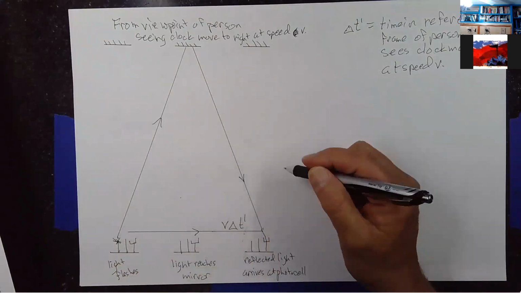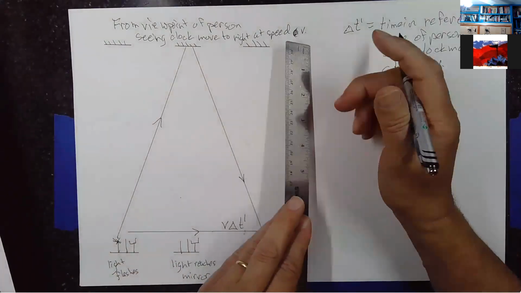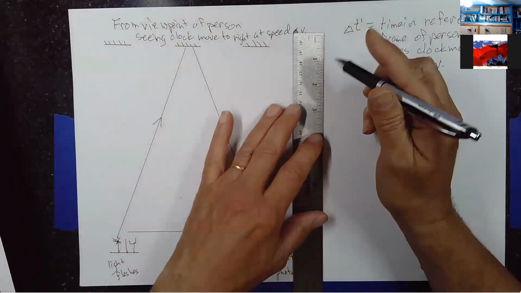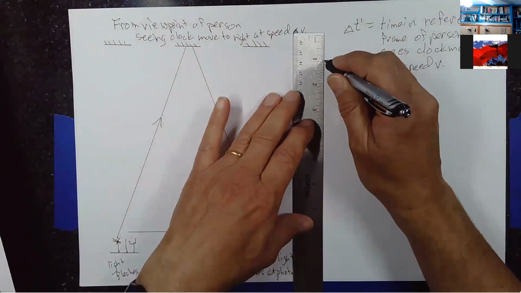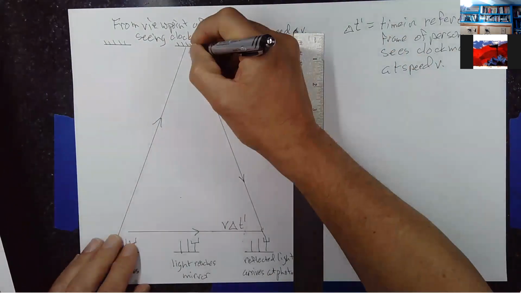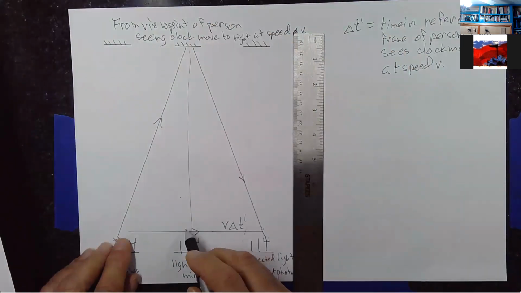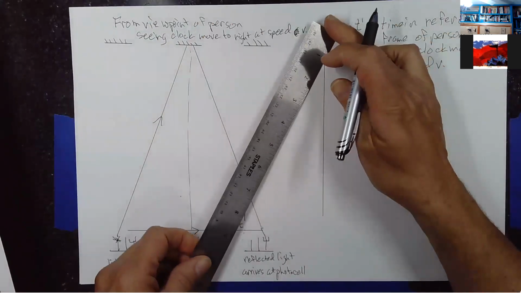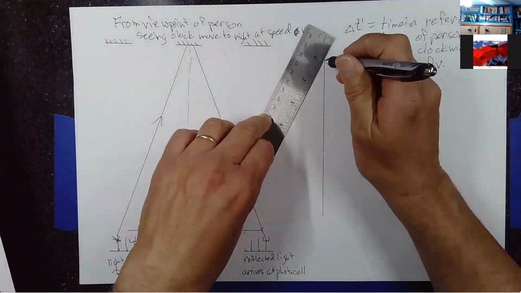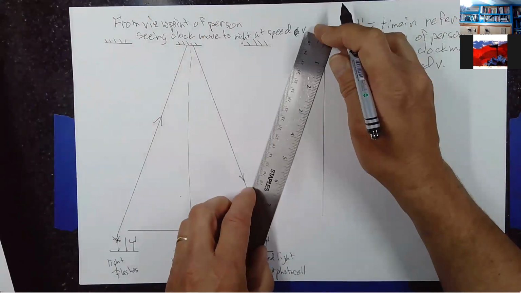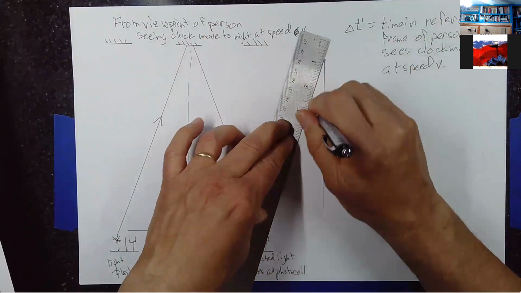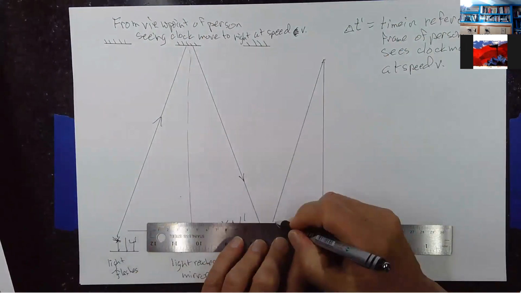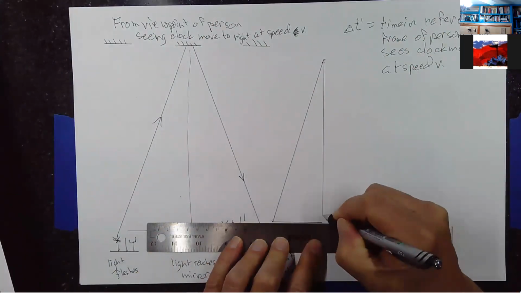But let's see if we can get some sort of a number put on how much they disagree by. And to do that, I'm just going to draw this triangle right here and monkey around with it a bit. Let's draw a little right triangle.